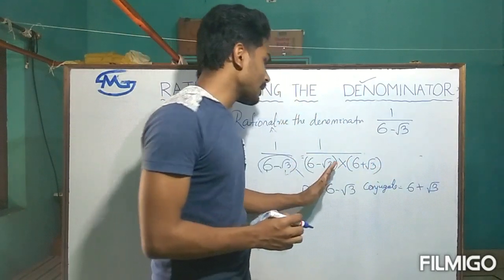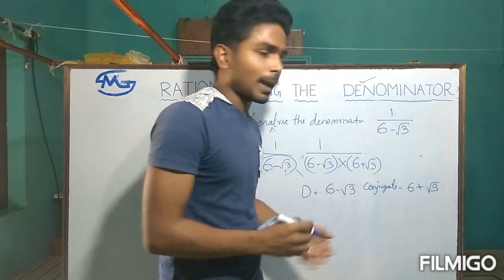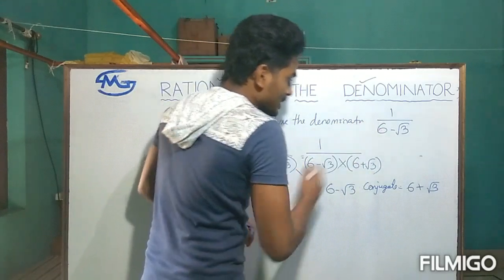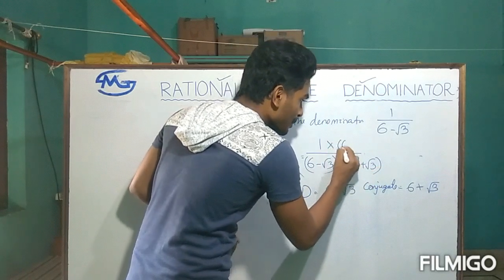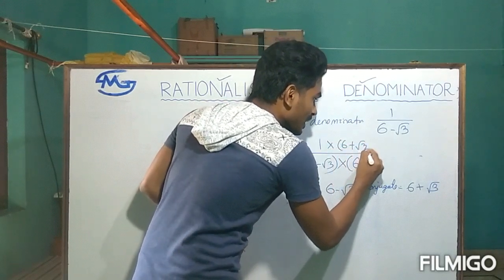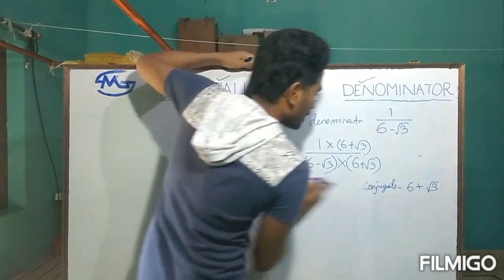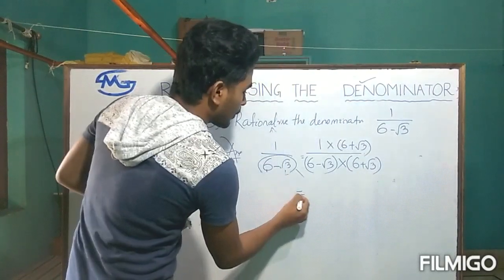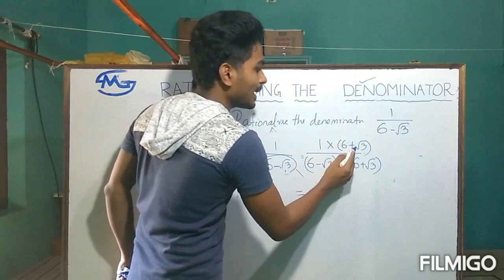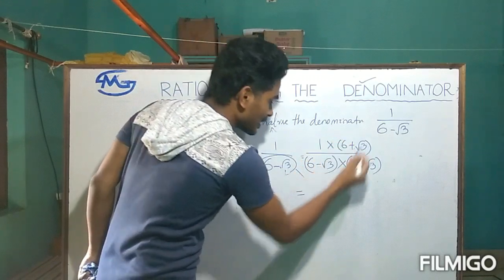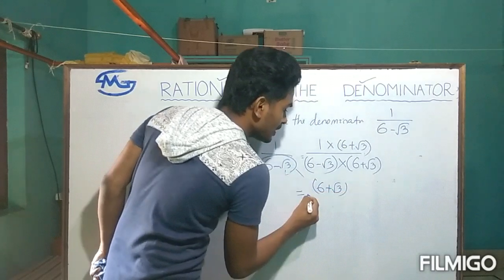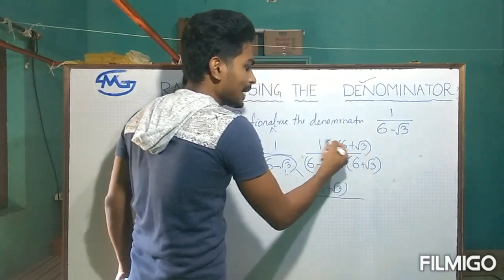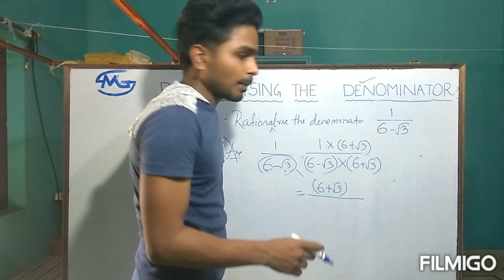Since we are multiplying 6 plus root 3 in the denominator, then we have to multiply 6 plus root 3 in the numerator. Okay, then what will be the answer? 1 into anything is anything. So the answer is, the numerator is 6 plus root 3.